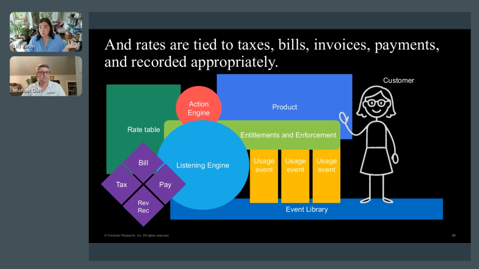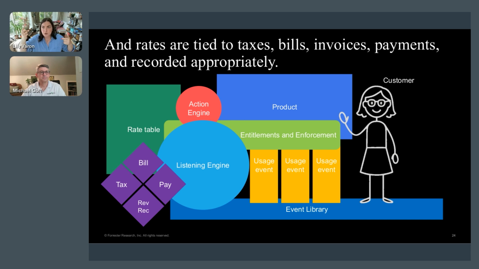And what are those processes? Well, they're myriad, right? It's sort of the rest of the monetization stack. It's billing, it's payments, it's tax, it's revenue recognition, and it enables them to do their jobs properly. Now, this isn't a linear thing, right? Customer contracts and terms, orders, usage events, usage records, invoices, payments, revenue records. They're much more living and breathing entities in a world of usage and consumption where it's dynamic.